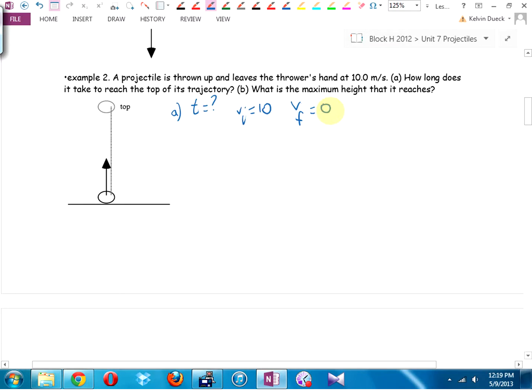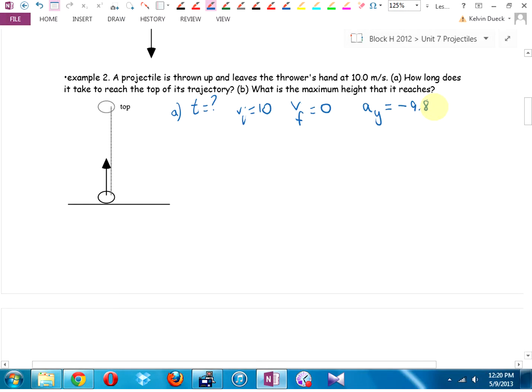What else do I know? This I never need to tell you anymore. It's understood if you're in free fall. Acceleration is negative 9.8. So I'm looking for an equation that has T, VI, VF, and A in it.